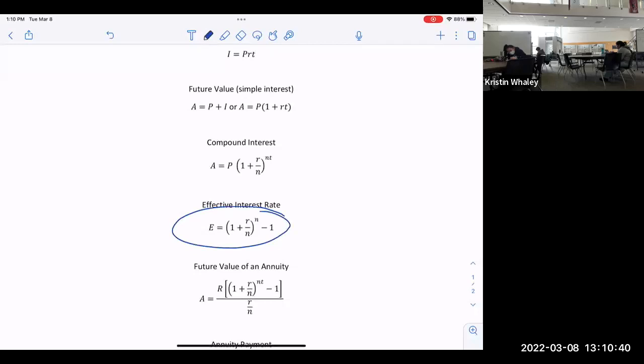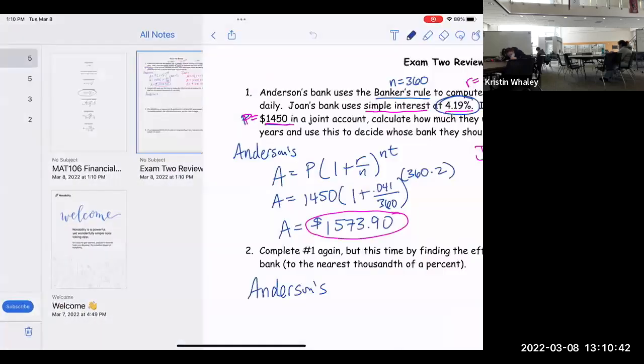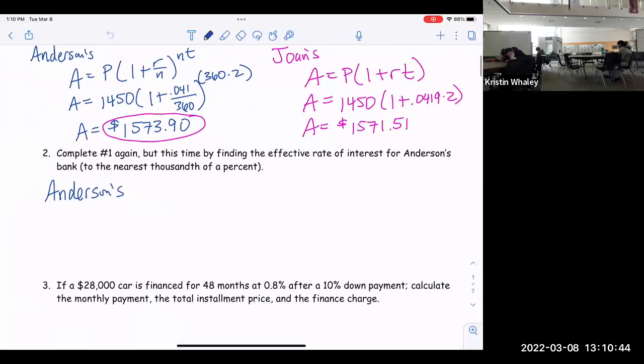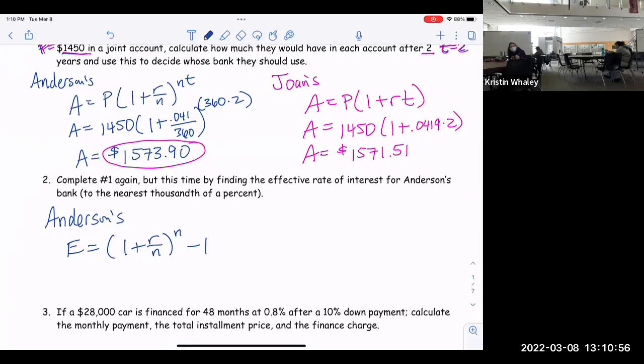So using this formula. For Anderson's Bank again, remember that the rate was 4.1% or 0.041. And this used the banker's rule.